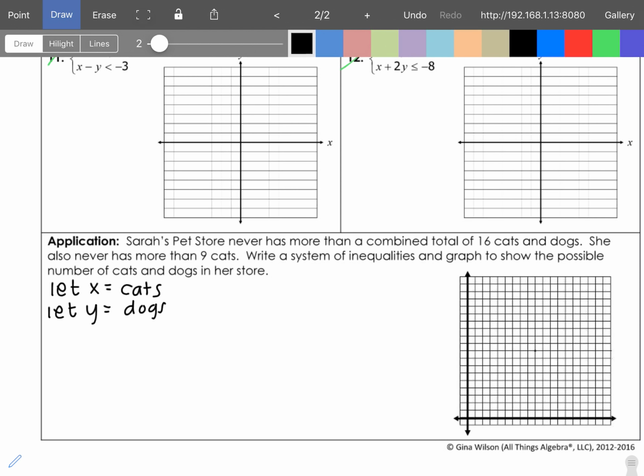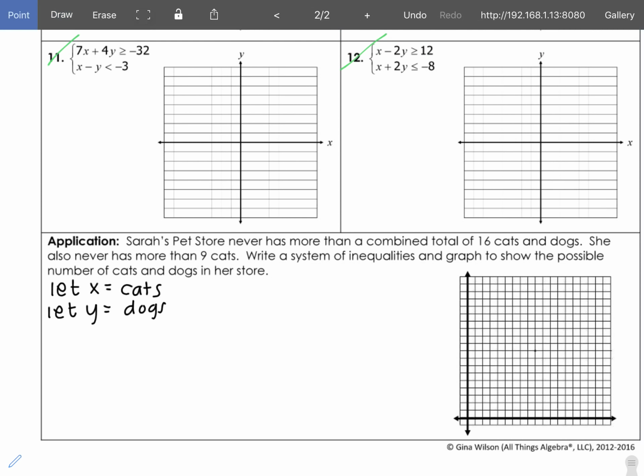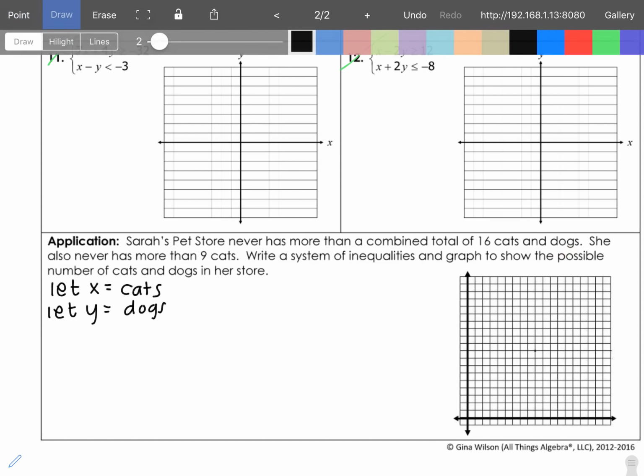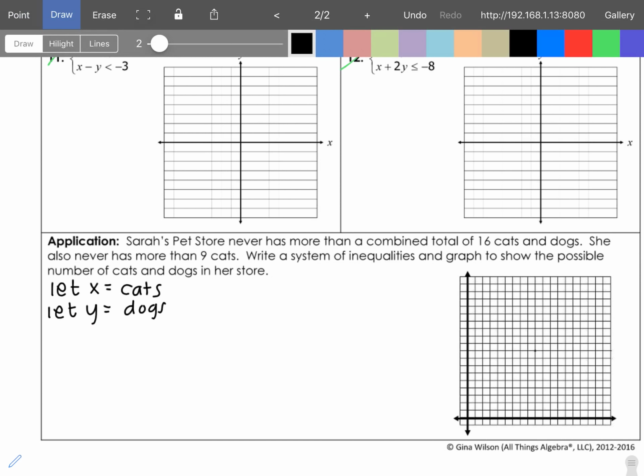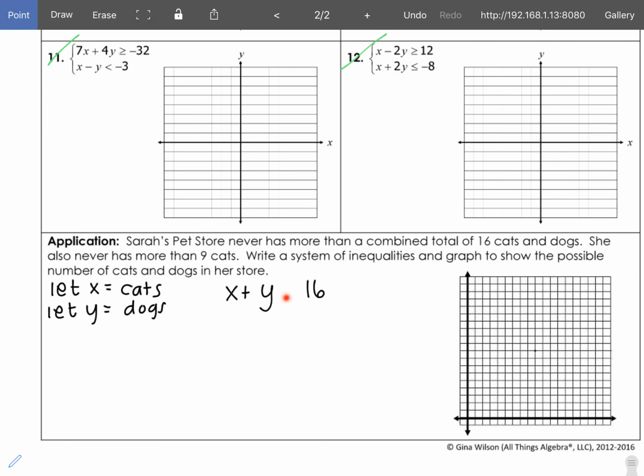Then let's write an equation. So Sarah's pet store never has more than a combined total of 16 cats and dogs. So a combined total, when you're combining cats and dogs, we're going to add, right? So cats plus dogs is never going to be more than 16. What sign are we going to use in between here?